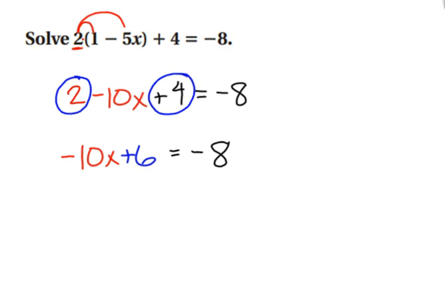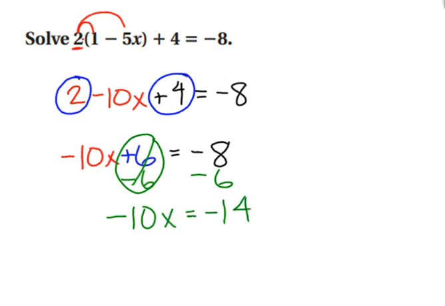All right, to undo the adding 6, we need to subtract 6 from both sides. So we'll have negative 10x equals negative 14. And then we're going to divide by negative 10 on both sides. So we'll end up with x equals positive 1 and 4/10.